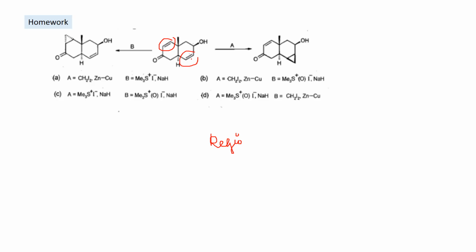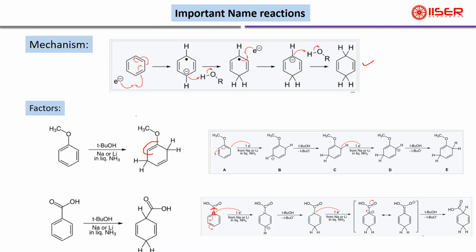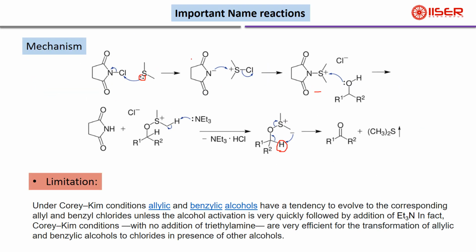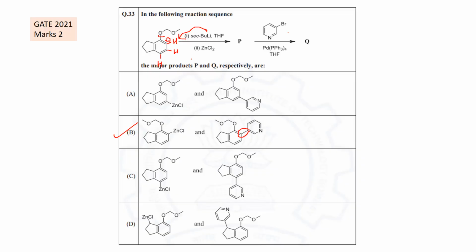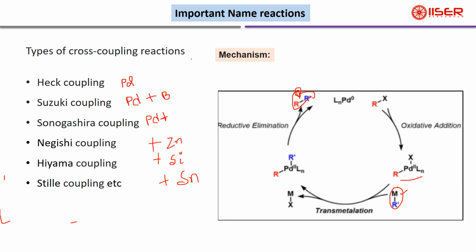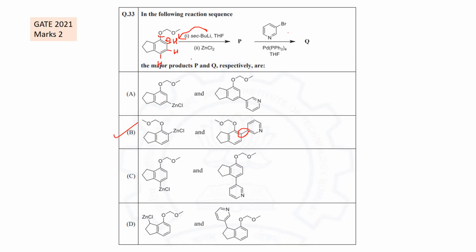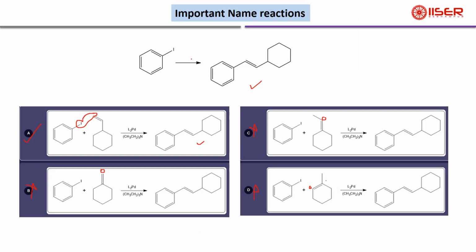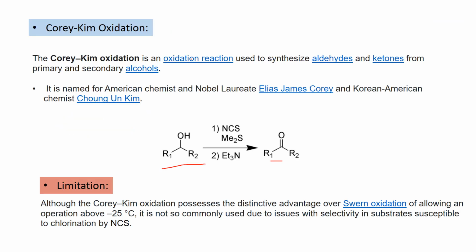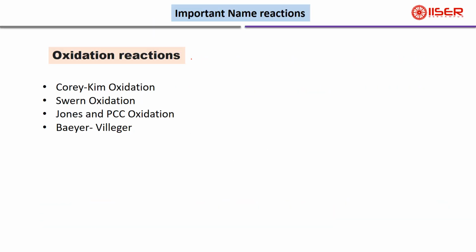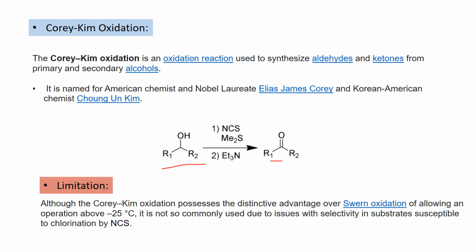So let's give a recap of today's class. So first, we are discussing different name reactions. We started with coupling reactions and the general mechanism of that one. Then we solved a question on coupling reactions. Then we moved to oxidation reactions and discussed some important ones like Corey-Kim, Swern, Jones, PCC, Baeyer-Villiger.